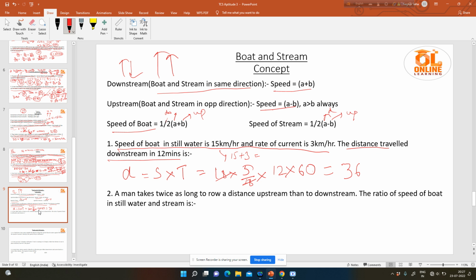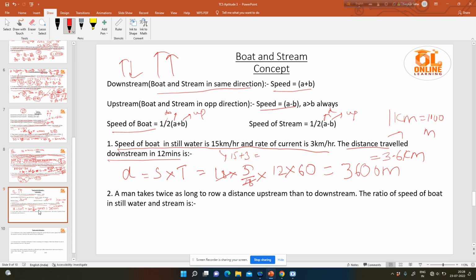So it would be 5 into 12, that is 60, 60 into 60, that is 3600 meter. Okay. So how much kilometer? It would be 3.6 kilometer, because we know 1 kilometer is equal to 1000 meter. So 3600 meter, it would be 3.6 kilometer.